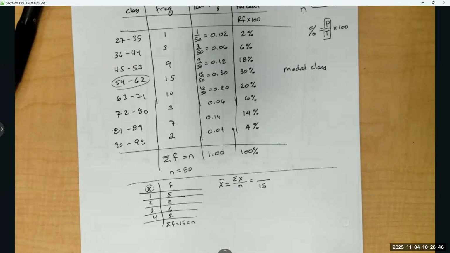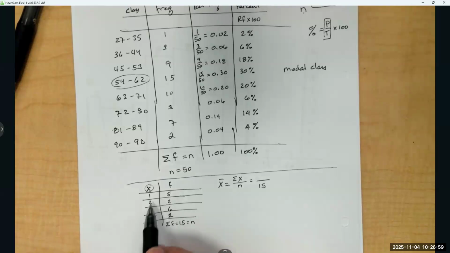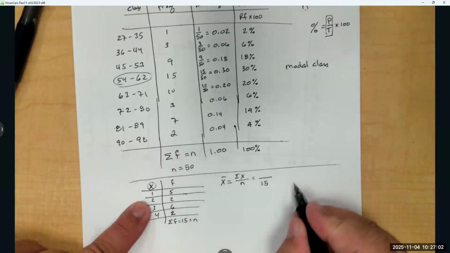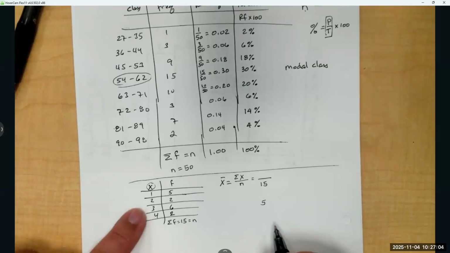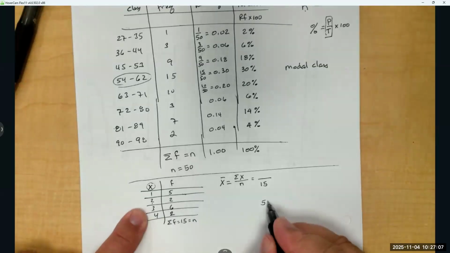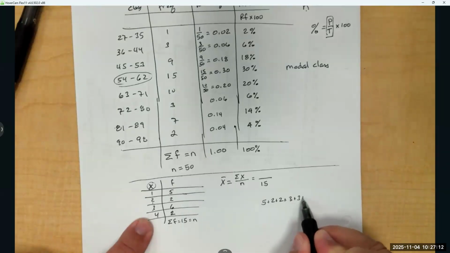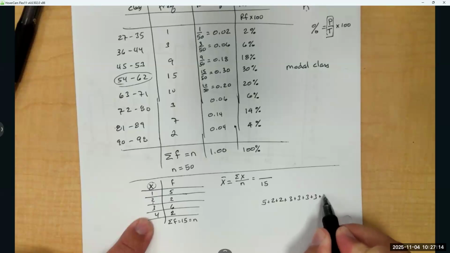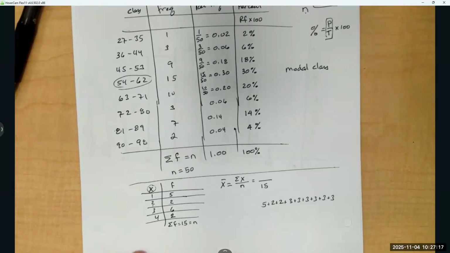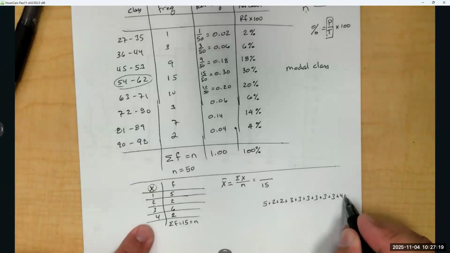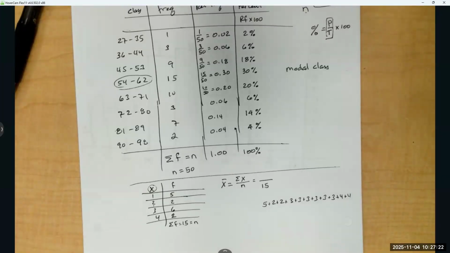Now, when we have frequency distributions, so when we have larger pieces of data, think about what multiplication is. Turbo addition, right? So if this is our data set, we have five 1s, two 2s, six 3s, then two 4s.